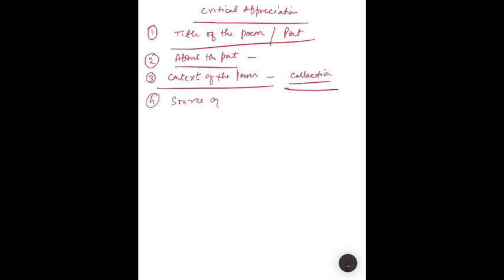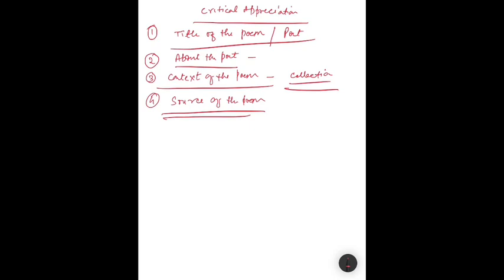Sometimes the source of the poem is also very important. You are going to write what is the source. Maybe some other poem became the source of that, or the reason of that.